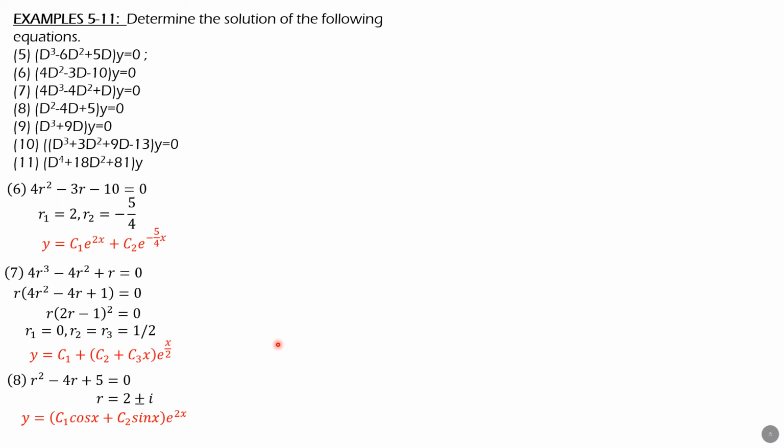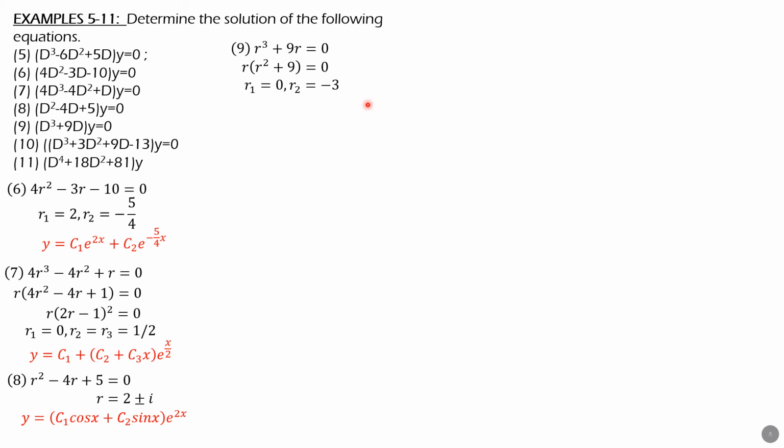Number 9, r cubed plus 9 times r equals 0. If we factor out r, then that's r times quantity r squared plus 9 equals 0. So r1 is 0, r sub 2 is negative 3i, r sub 3 is positive 3i.